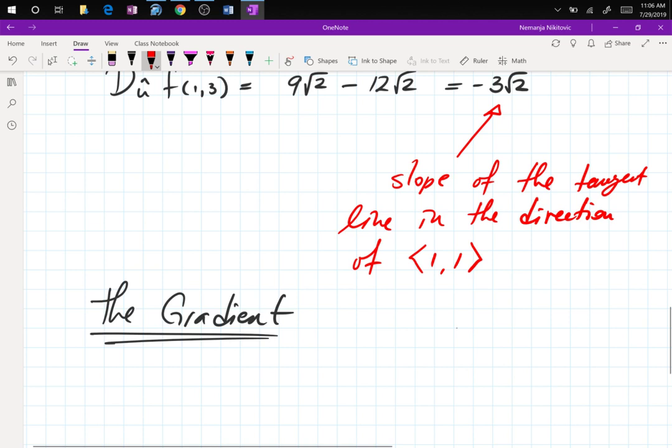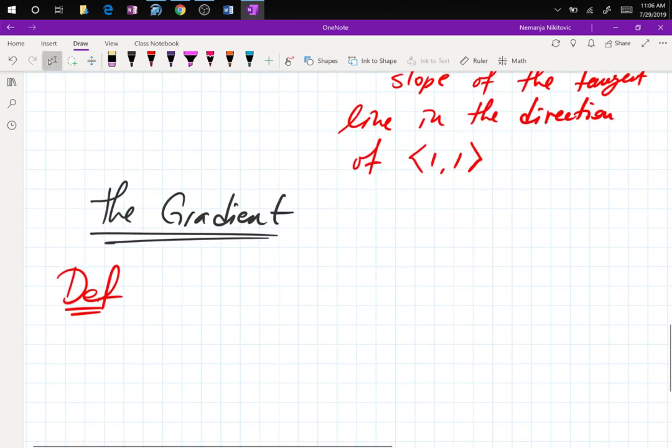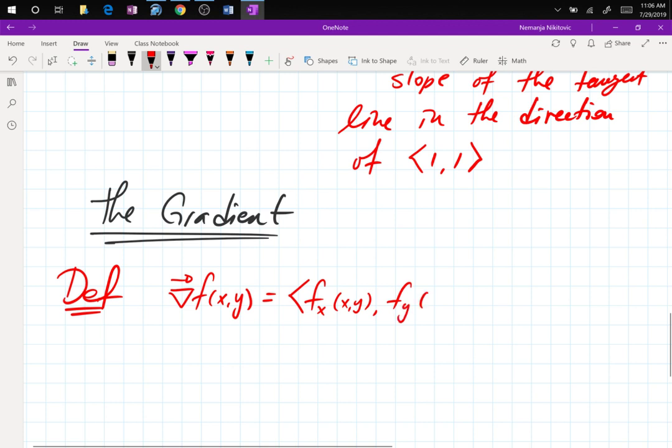This is just a definition, nothing special. So the gradient of f at x, y is just the vector of partial derivatives. So fx, comma fy. Now this is already part of our calculation.